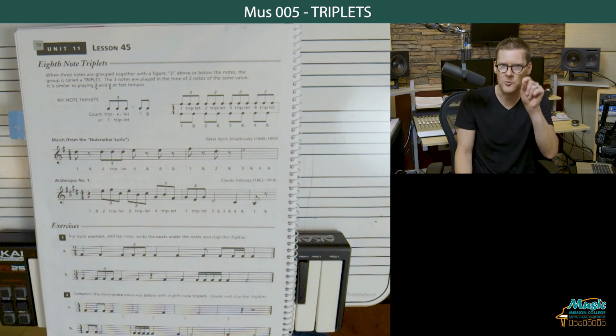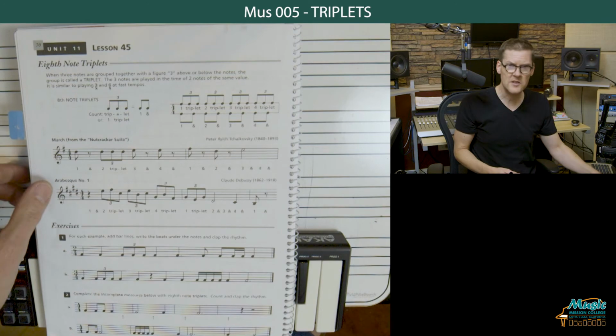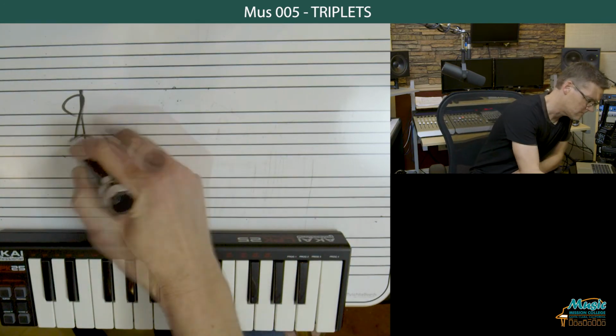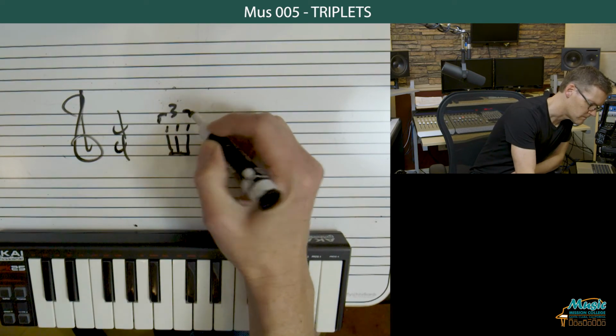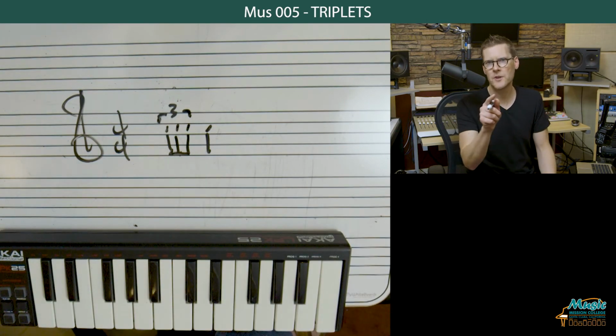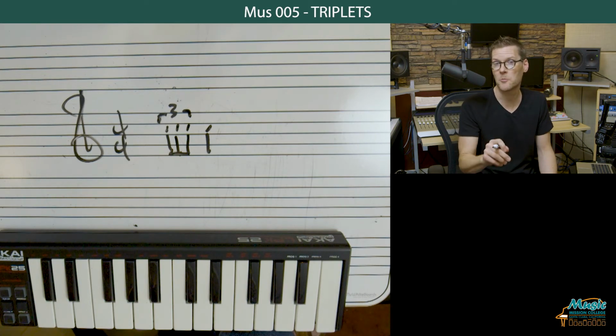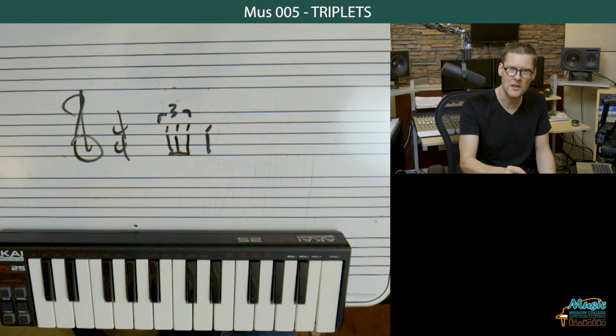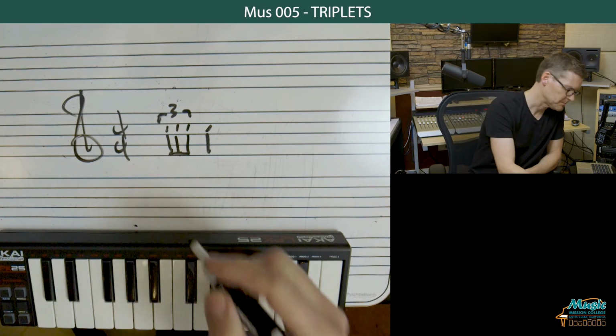But as soon as you put the 3, and sometimes we'll even add a bracket like this, so it has the number 3 and it has the bracket, that tells me that it's a triplet. It's a multiple note grouping. So again, what we're saying is that those 3 notes take up the same amount of space that normally you would have only 2 notes. So let me show you how this works.